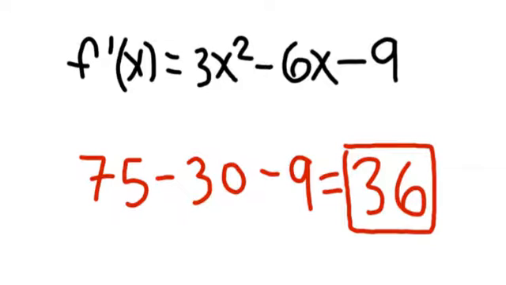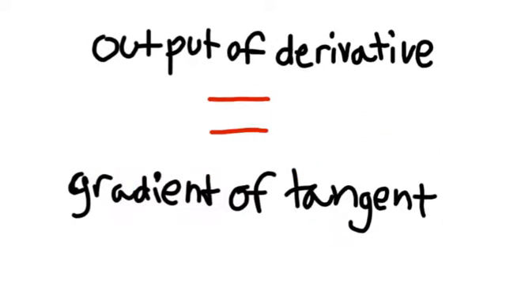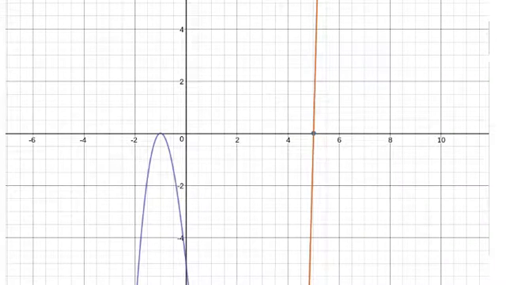And why is that going to be our gradient? Because that is the output of the derivative, and the output of the derivative is equal to the gradient of the tangent. So if we draw that tangent here next to our first equation, we see it kind of covers it up. Now, why is that?